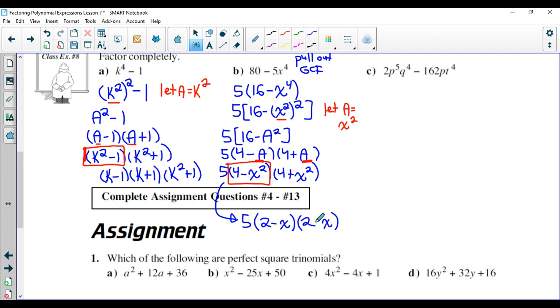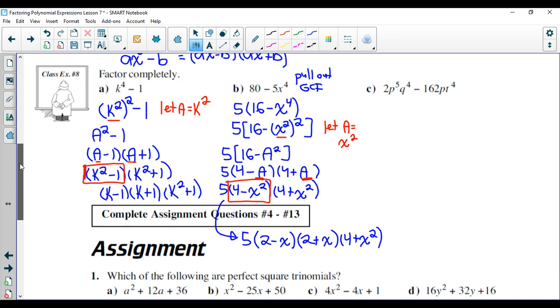And then you'd have minus and plus. And don't forget about the term we also have on the right hand side outside the red box here. So that'd be 4 plus x squared. Okay, so we have 5, then 2 minus x, 2 plus x, and 4 plus x squared.